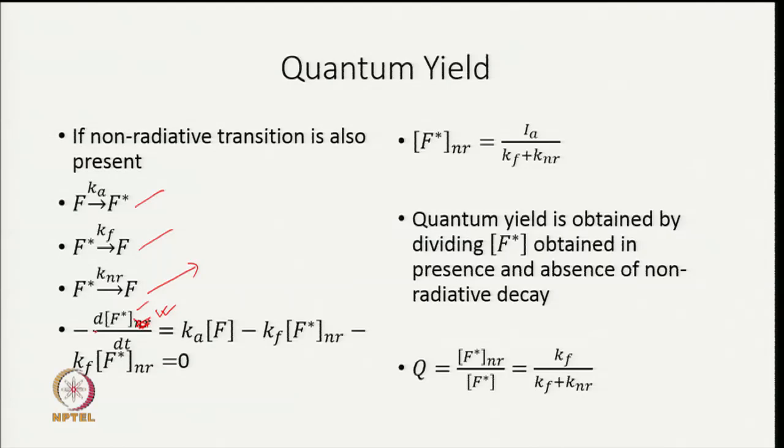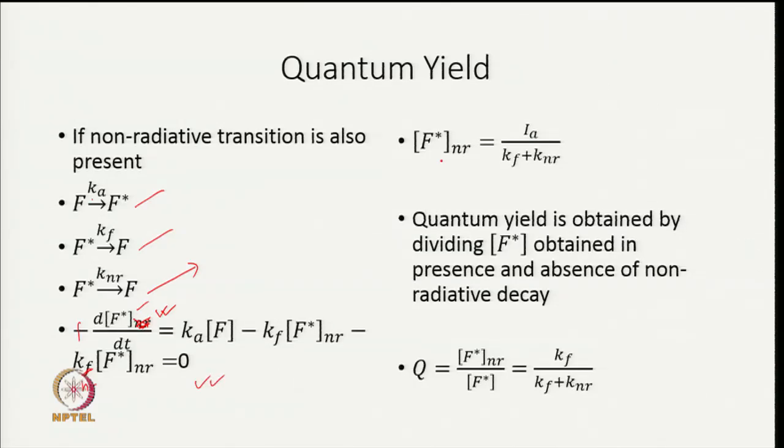So, d F star by dt is equal to K A into F minus K f into F star minus K nr into F star, which is equal to 0.